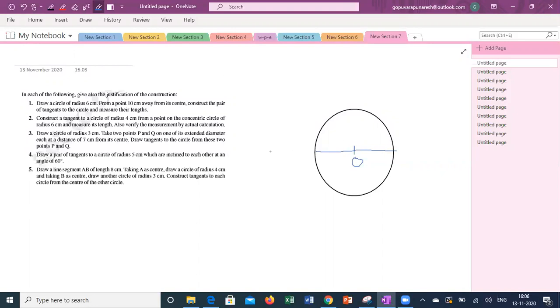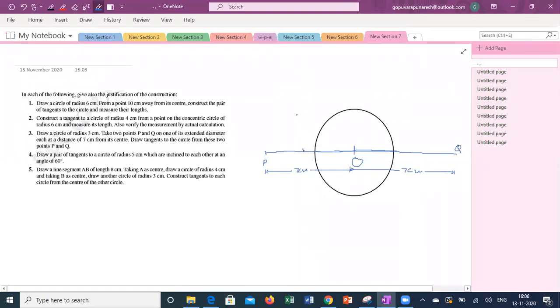We have to include the diameter also, sir. Extend the diameter like this. P is a point which is at a distance of 7 centimeter. Q is a point which is at a distance of 7 centimeter. Now bisect this OP and from here draw the circle like this. Draw the tangents.